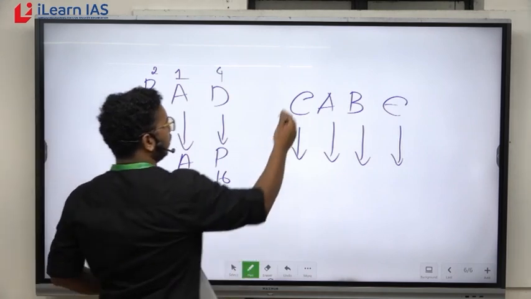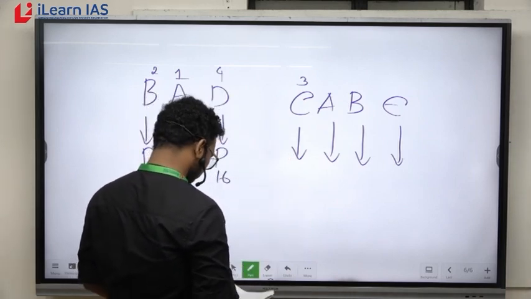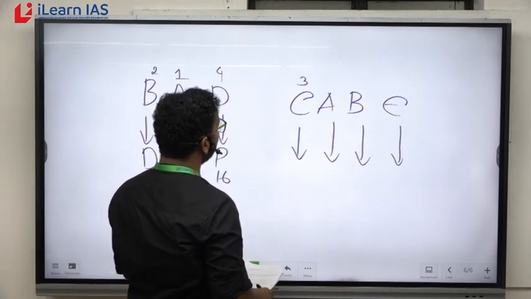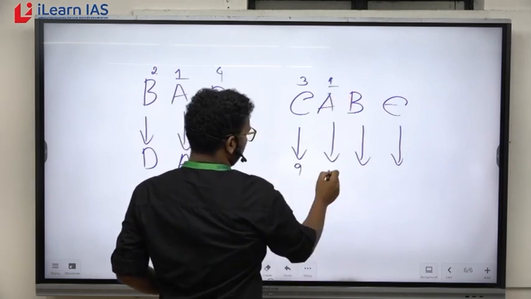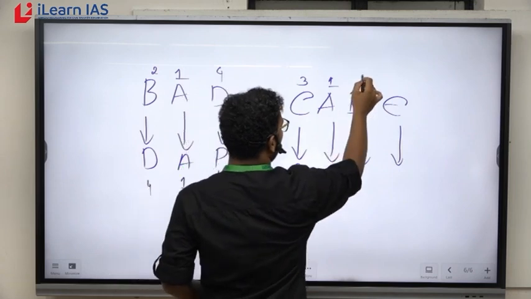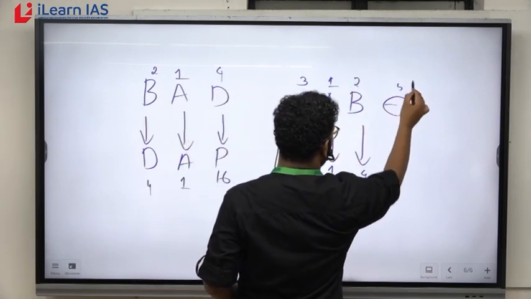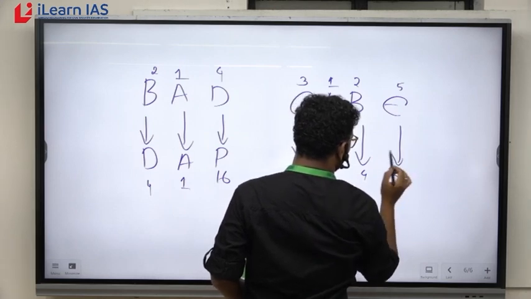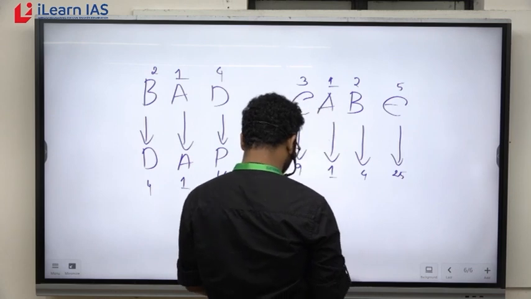So, C is 3, 3 into 3 is 9, 3 is represented as 9. A, 1. B, 2, 4. E is 5, 25.